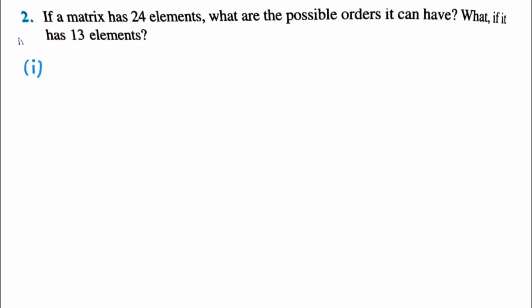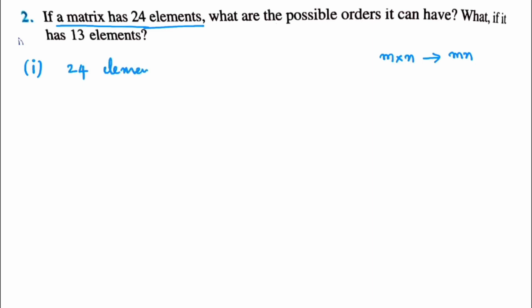Suppose the matrix is having 24 elements. What are the possible orders? We know that if a matrix is of order m by n, then the number of elements in that matrix is mn. So here, 24 elements are there.